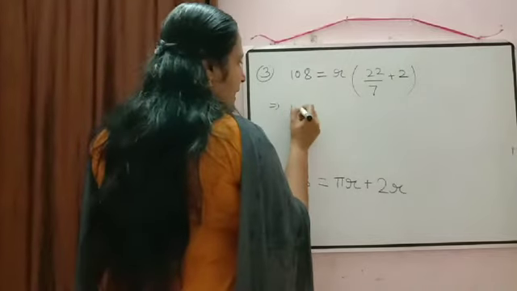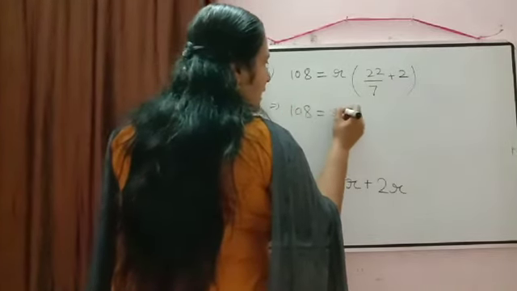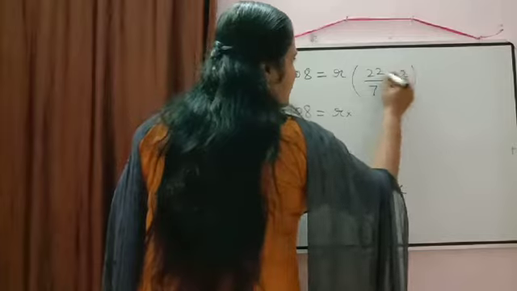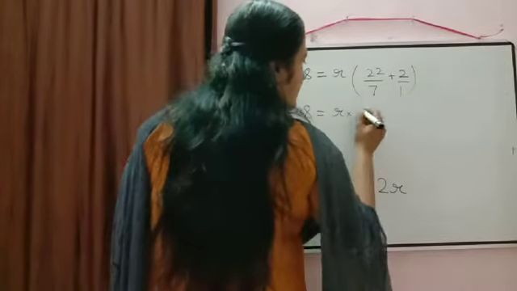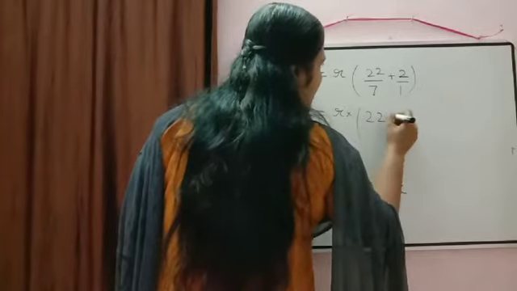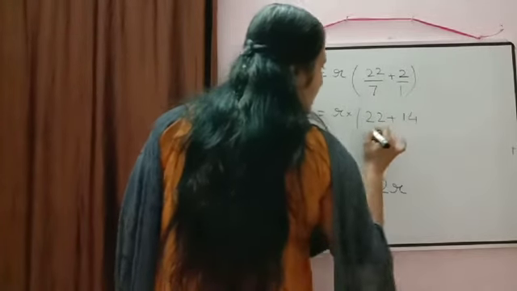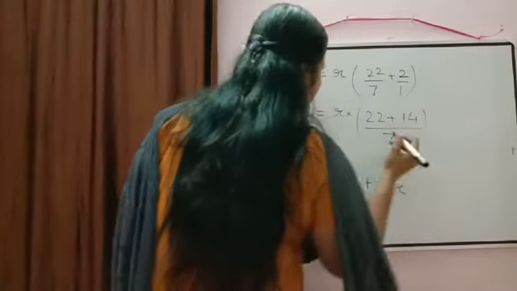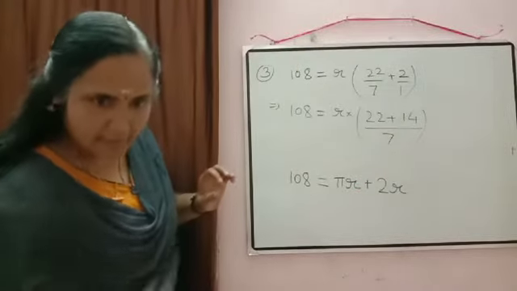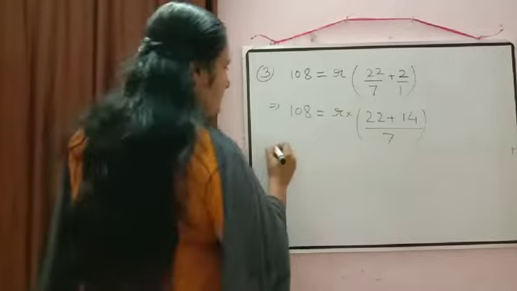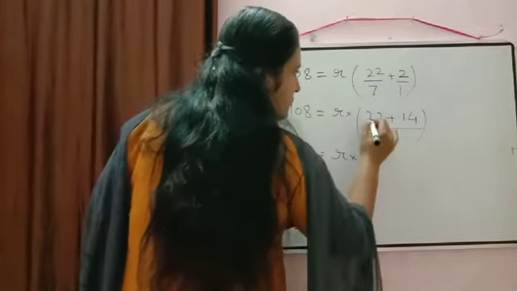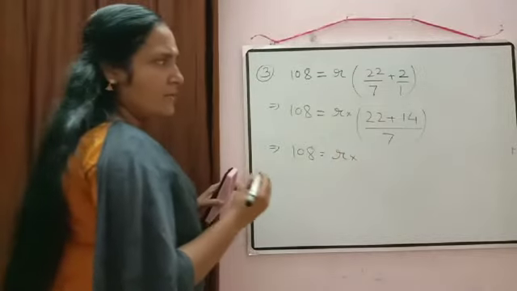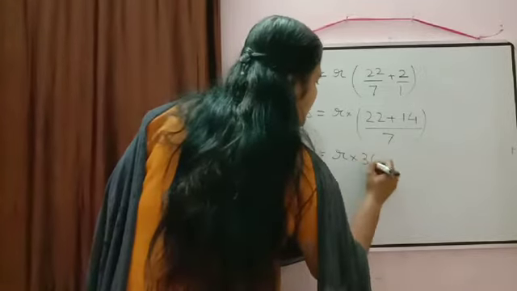Now 108 is equal to r into, inside the bracket we can do the cross multiplication. Then it will be 22 plus 7 2s are 14, by 7. So 108 is equal to r into 22 plus 14, which is 36 by 7.